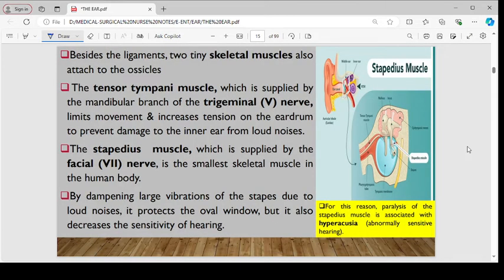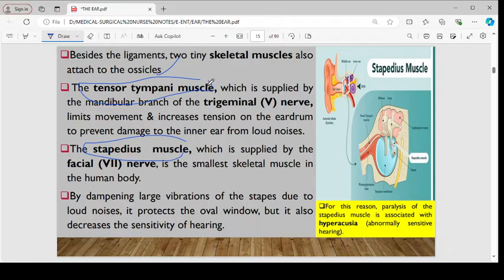Now, besides the ligaments, we also have two tiny skeletal muscles which also attach to the ear ossicles. The first one is the tensor tympani muscle, followed by the stapedius muscle. The tensor tympani muscle is normally supplied by the mandibular branch of the trigeminal nerve, which is cranial nerve 5.